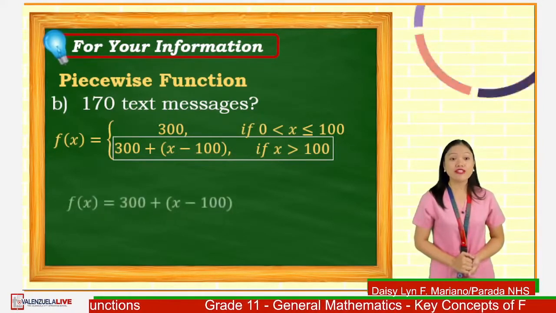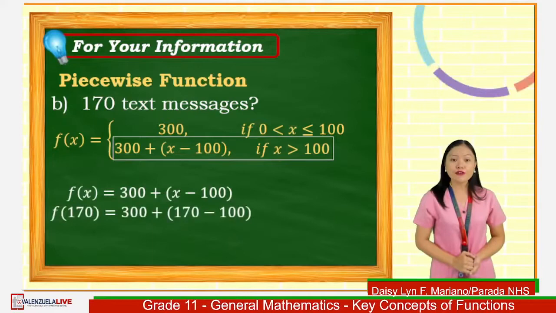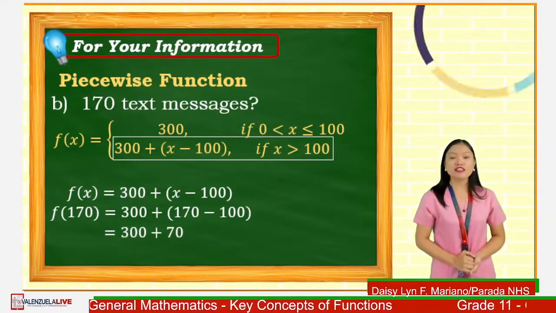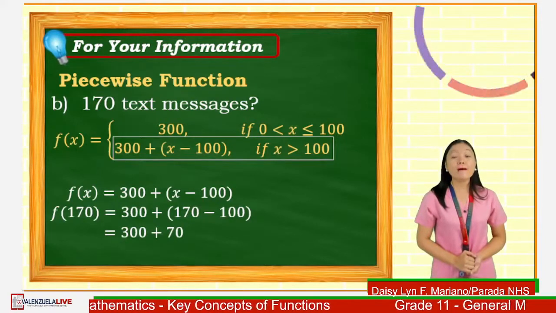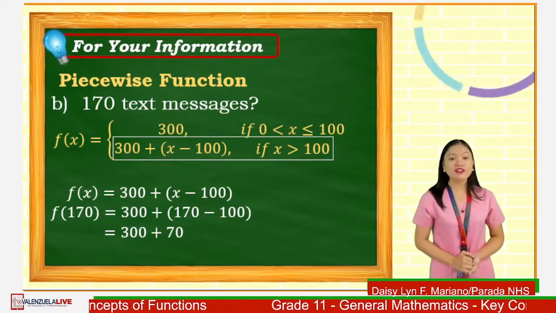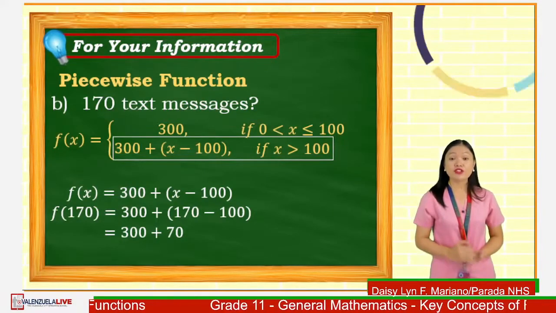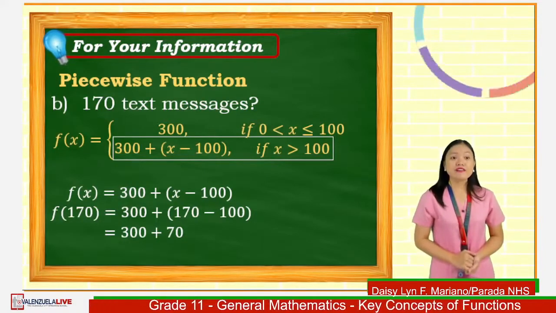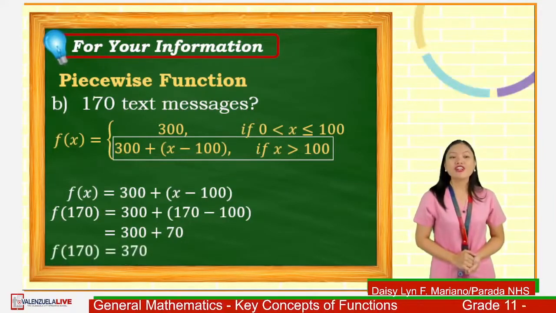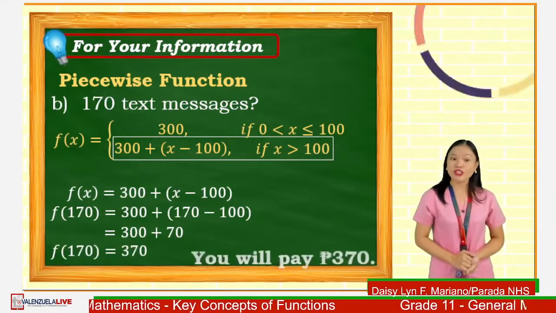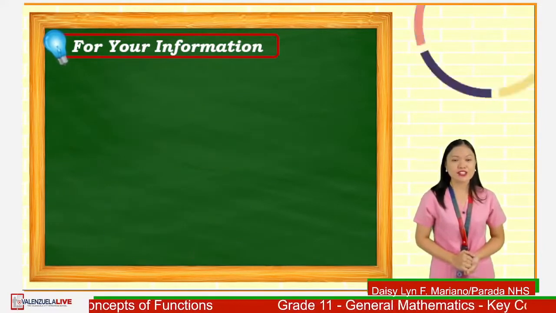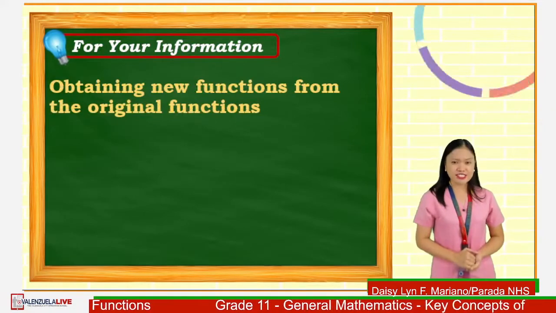Substituting 170 to x, we get f of 170 is equal to 300 plus the quantity 170 minus 100. 170 minus 100 is 70. So we have 300 plus 70, which gives a sum of 370. So you will pay 370 pesos. Did you get the same answers?